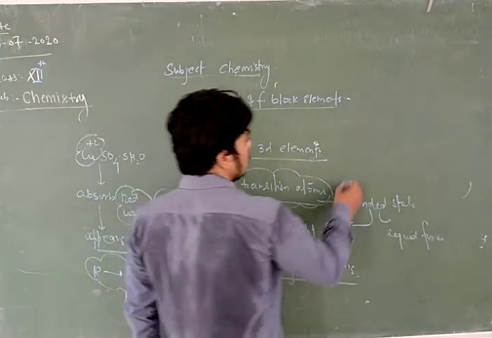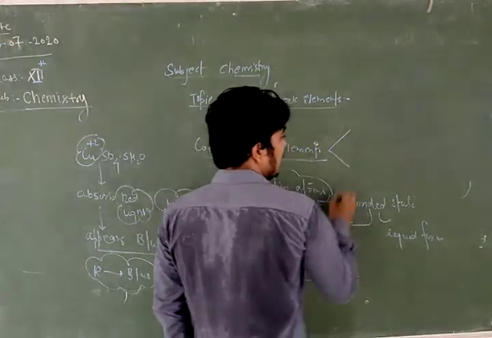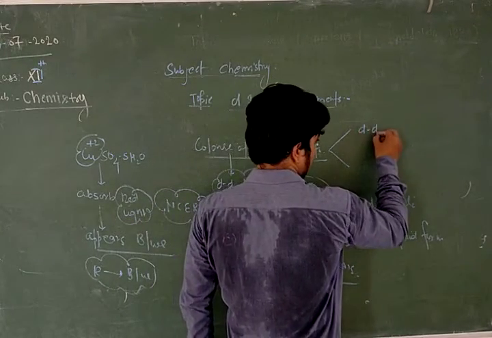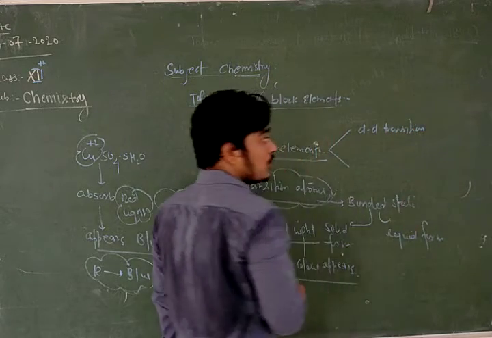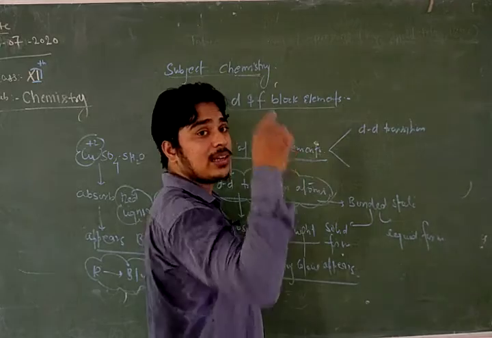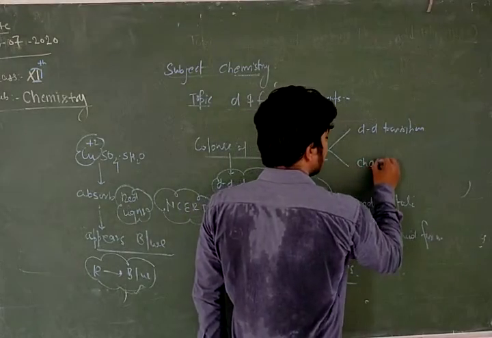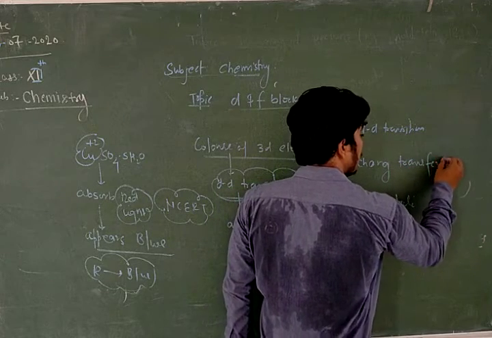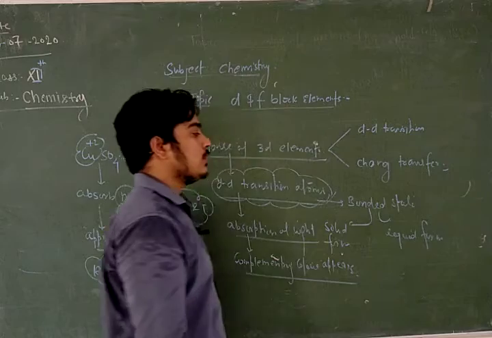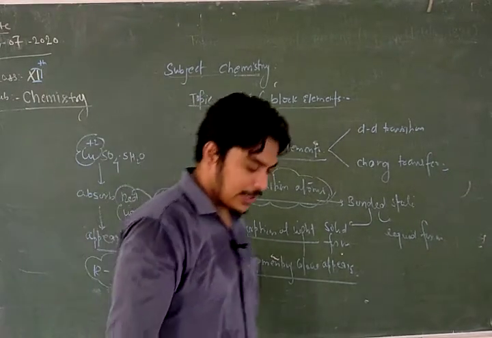Since I have already discussed what d-d transition is, you have to go through the lecture of coordination compounds regarding the color of complexes, d-d transition and charge transfer. So you have to cover this through NCERT and my lecture.